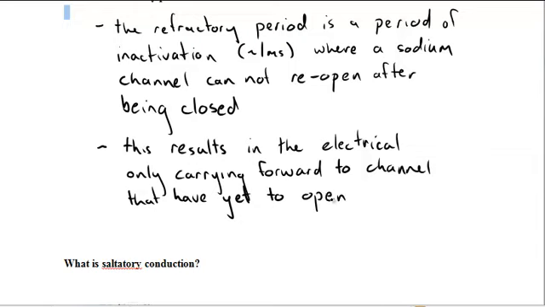And because of this, we say that the electrical signal is unidirectional. It can only go forward. Uni for one direction, and that direction is forward.